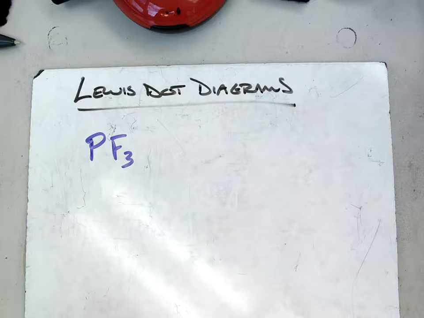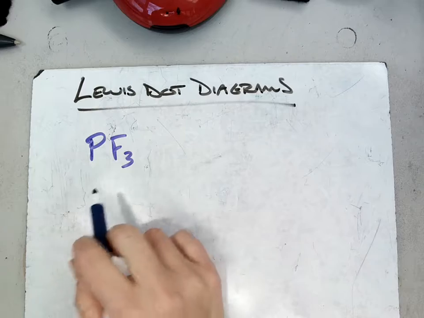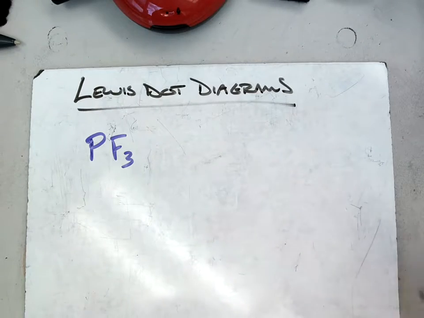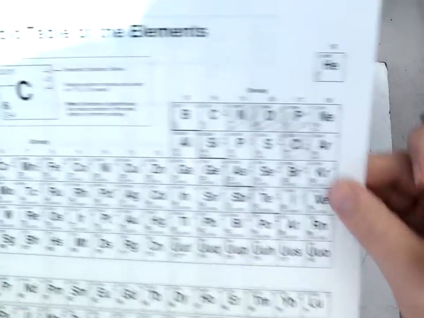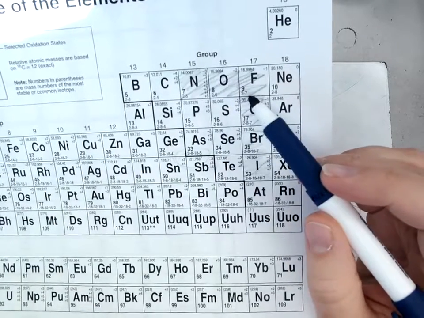Okay, let's do this for phosphorus trifluoride. They're both nonmetals. They're both to the right of the staircase, so I know that this is going to be covalent. Phosphorus has 5 valence electrons, and each fluorine has 7.